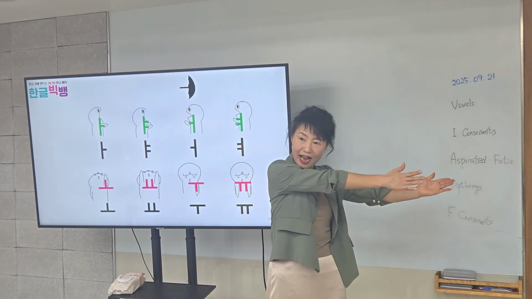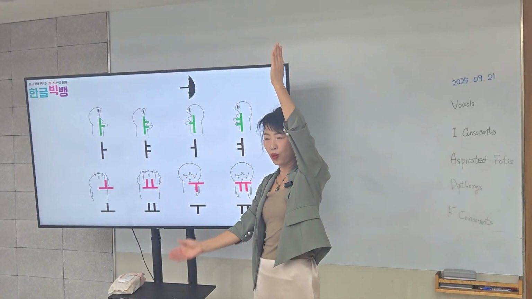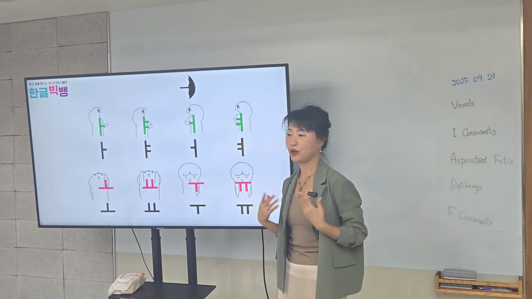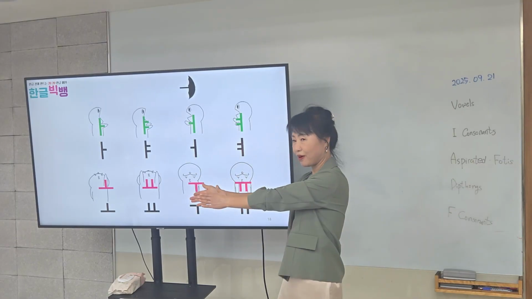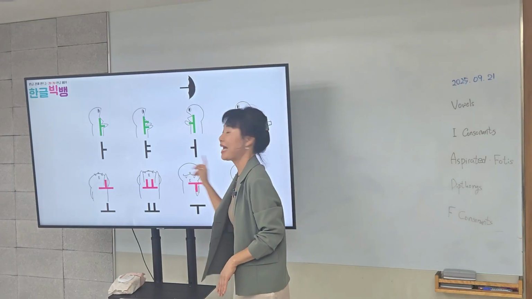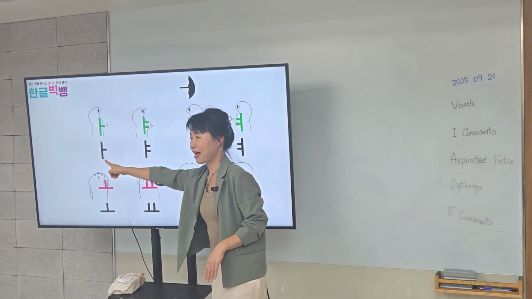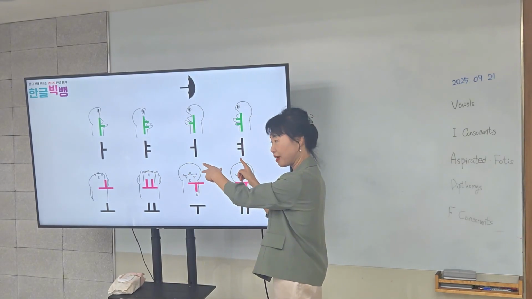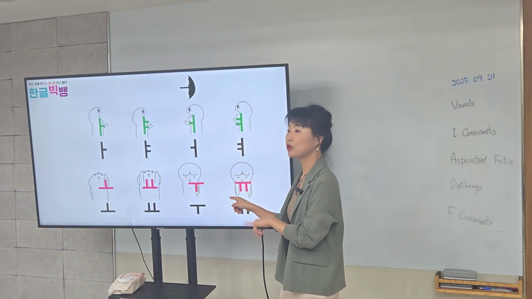And this is Ya, O, Yo, O, Yo, U, You. So, do you notice what is different? So, Ya, Yo, You. So, one more stroke adds a Y sound. Okay? So, this is A, Ya, O, Yo, O, Yo, U, You.